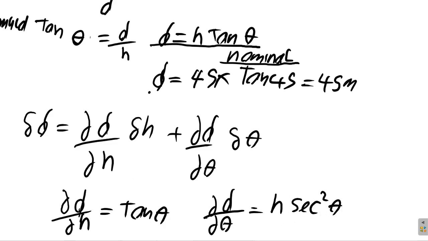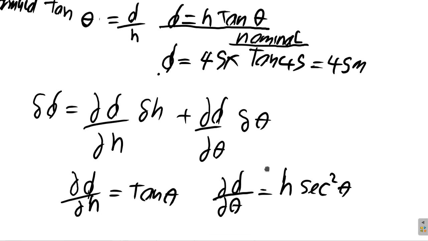Remember, the derivative of tan theta is sec squared theta. If you remember the table of derivatives that has tan x on the left, when you look in the derivative part, you see sec squared x. And then h, we treat as if it's just a constant, so it's h times sec squared theta.